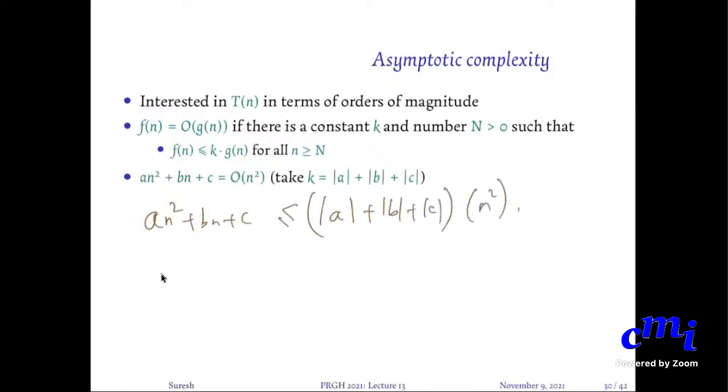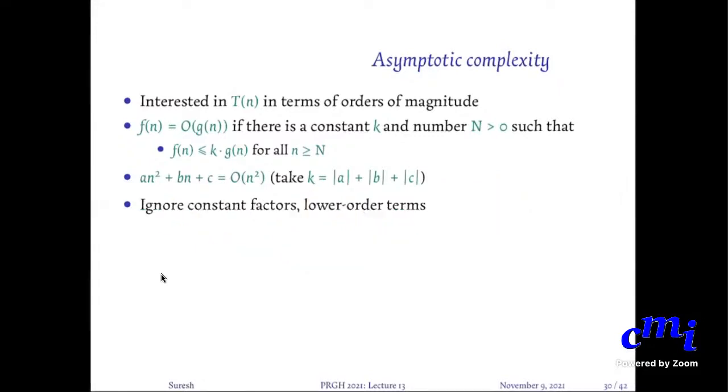You can sit and verify this for n greater than or equal to 0, maybe not 0, but whatever, greater than or equal to 1. So basically you are ignoring constant factors, you will ignore lower order terms.